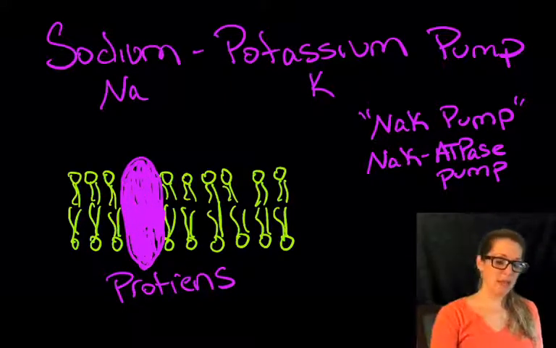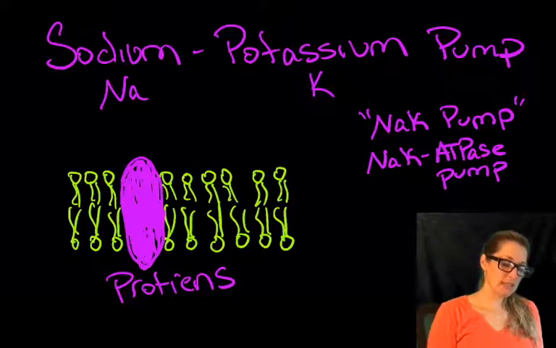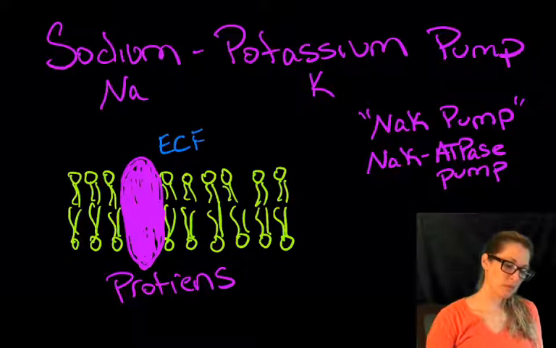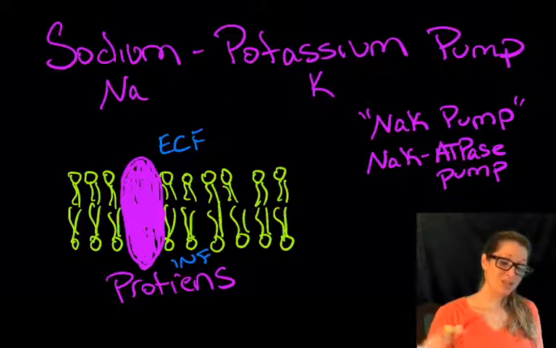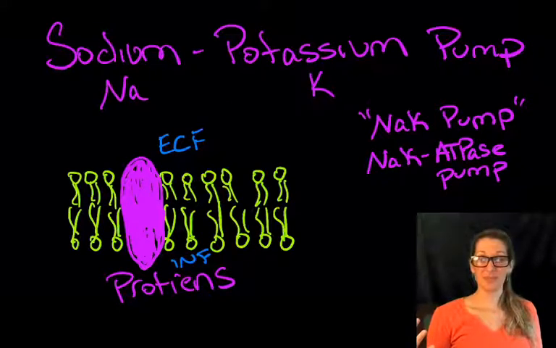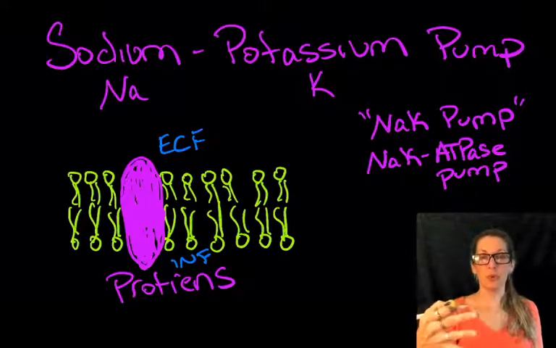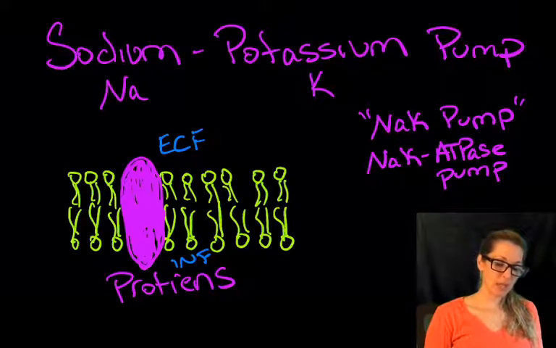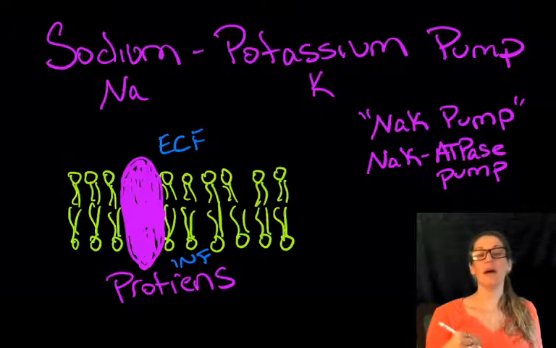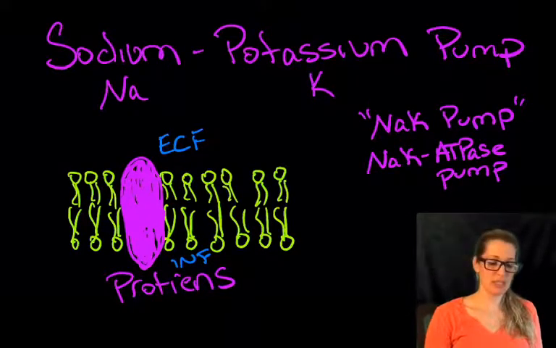So one end of that protein is in what we call the extracellular fluid, outside, and another end is in the intracellular fluid. So they're like a door, or a hallway through that phospholipid bilayer. The sodium-potassium pump is one of these super cool, specialized, amazing proteins.